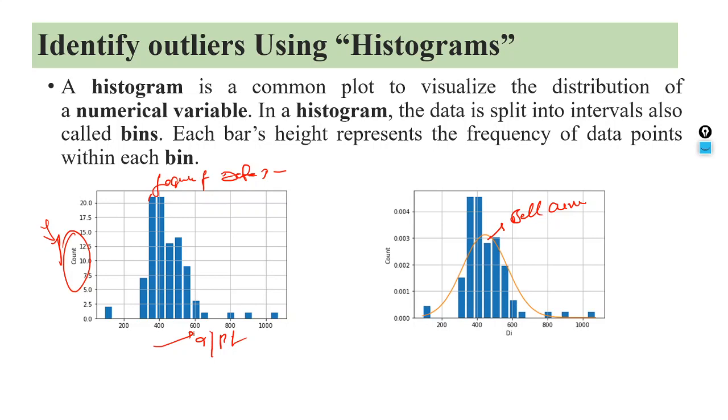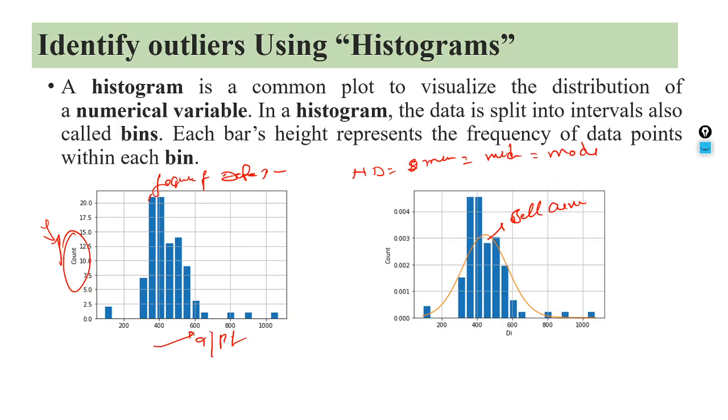The histogram shows the normal distribution, to check whether the data is normally distributed or not. In the normal distribution, mean, median, and mode are all the same.